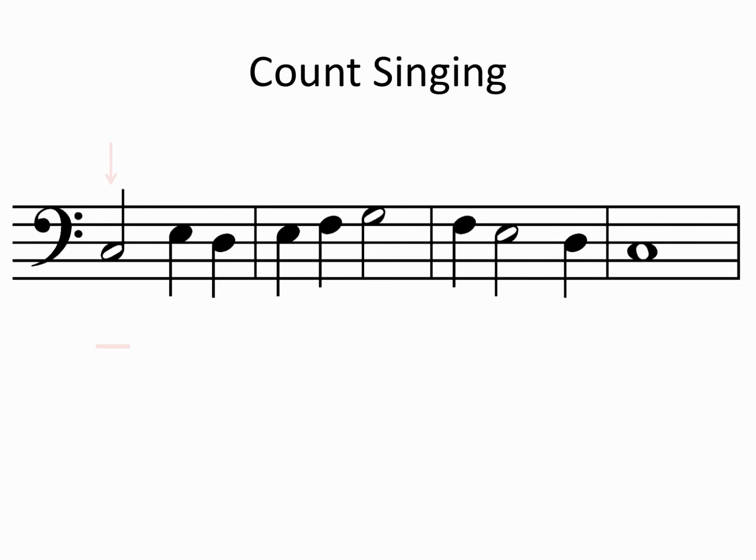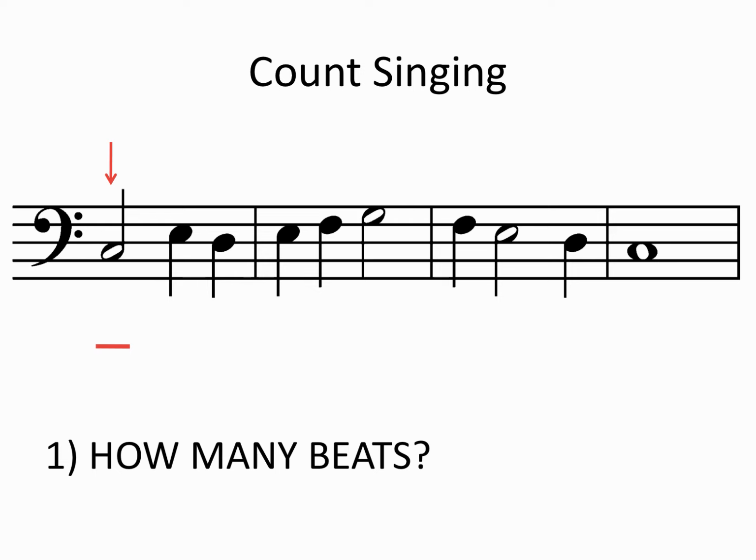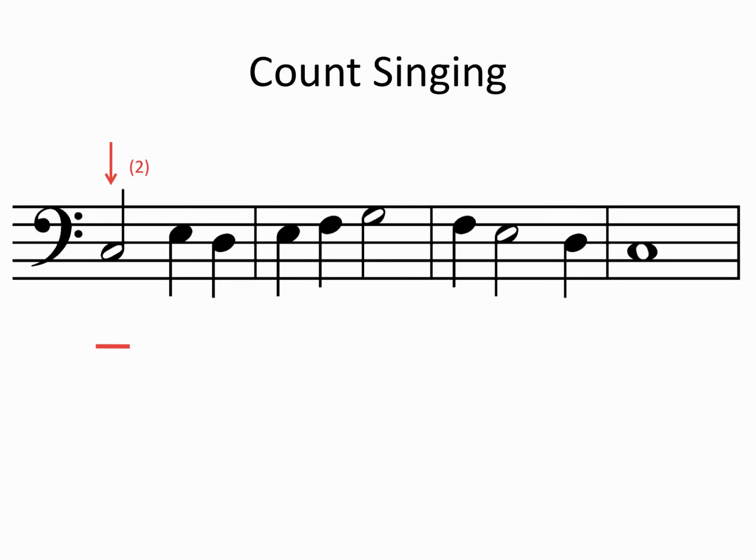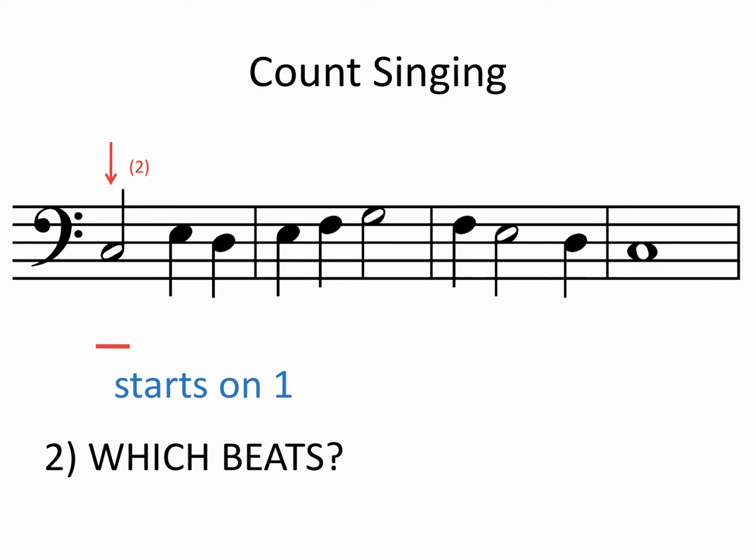In count singing, you approach each new note with 2 questions. First, ask how many beats does this note get? In this case, since it's a half note, it gets 2 beats. Second, you consider where the note starts and ask which beats are those?